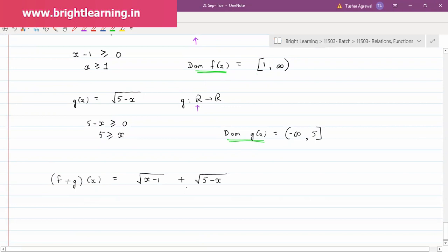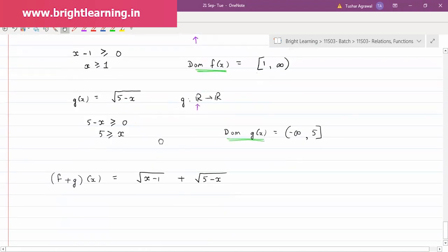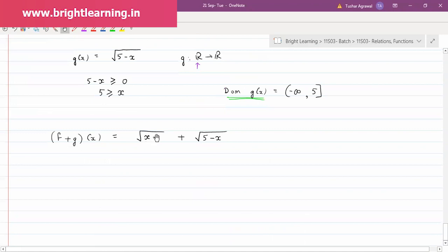I hope nobody is having such doubts, sir: if x is equal to 10, then 10 minus 1 is 9, and 9 under root will be 3 or minus 3, two images. Don't be under that impression. Under root sign means we always take the plus value. I have told this earlier also. Under root of something is always the plus value. Now, x minus 1 under root, 5 minus x under root. So now the first under root should be defined, and the second under root should also be defined.